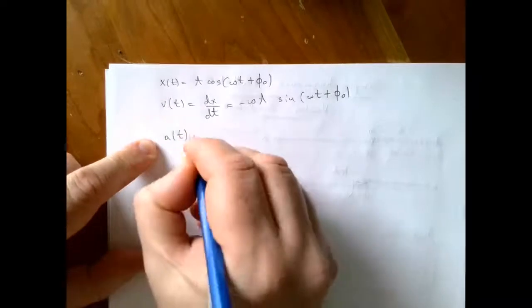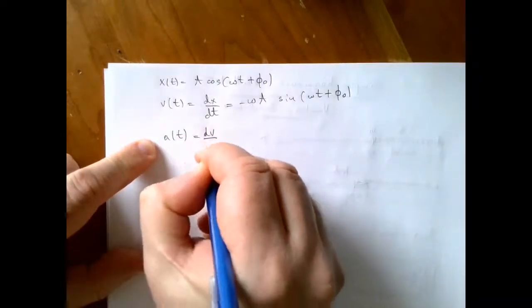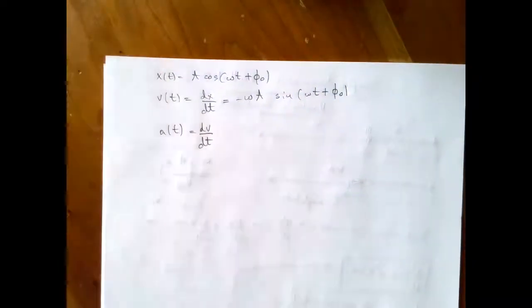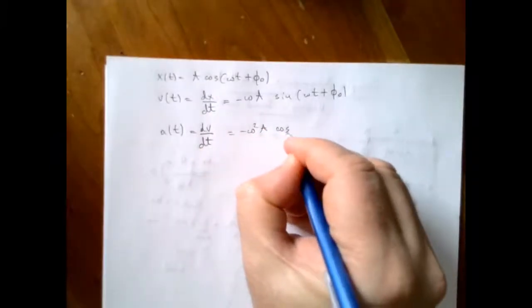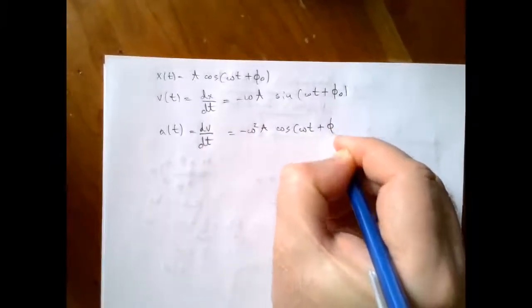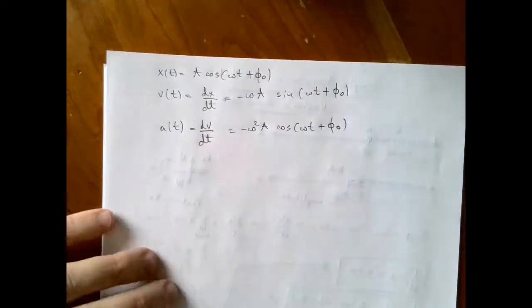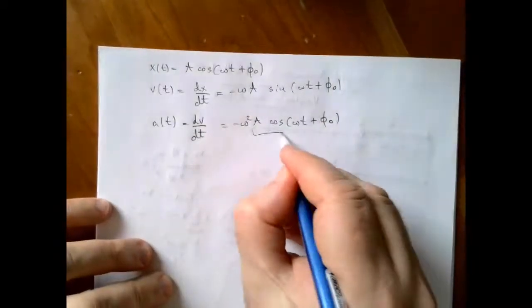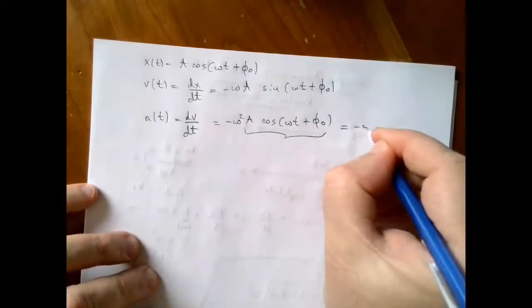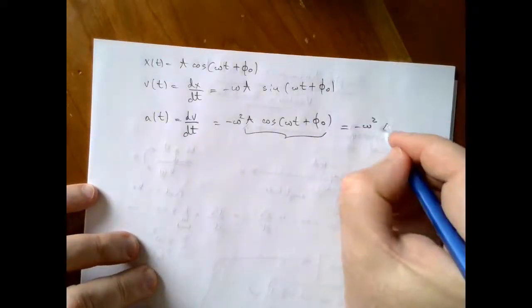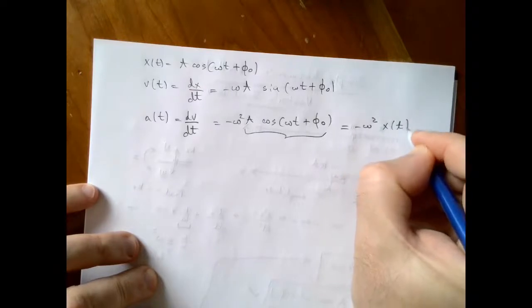And the acceleration is a function of time. Let's take another derivative. So it will be negative omega squared A cosine of omega t plus phi 0. Or, if we recognize this term as x of t, it will be negative omega squared x of t.